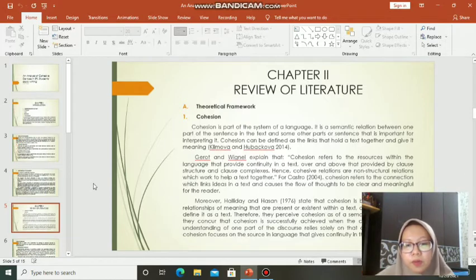Therefore, they perceive cohesion as a semantic concept. Thus, they concur that cohesion is successfully achieved when the comprehension and understanding of one part of the discourse relies solely on that of another. In brief, cohesion focuses on the sources in language that give continuity in the text.